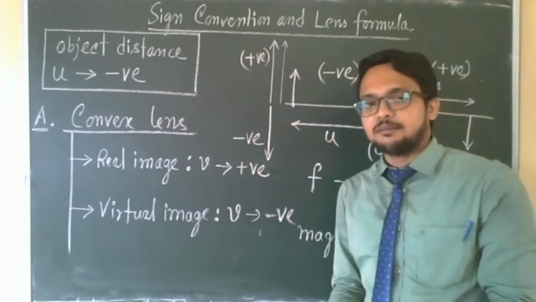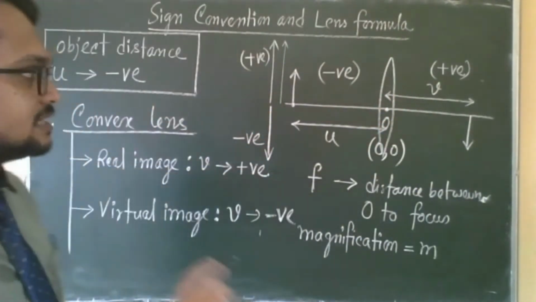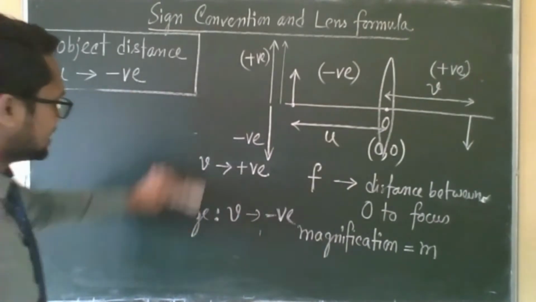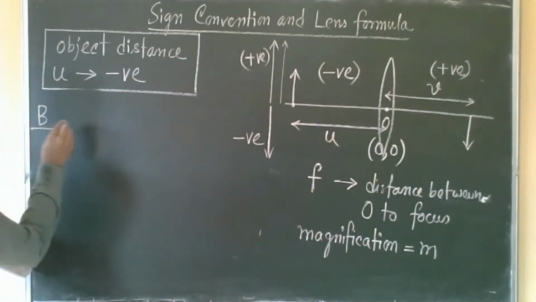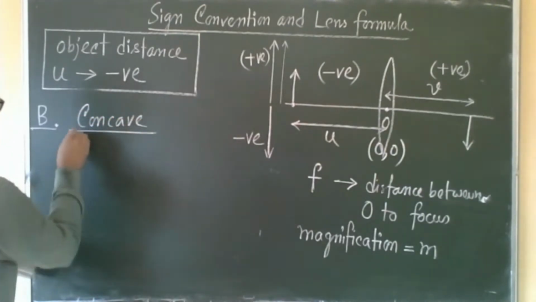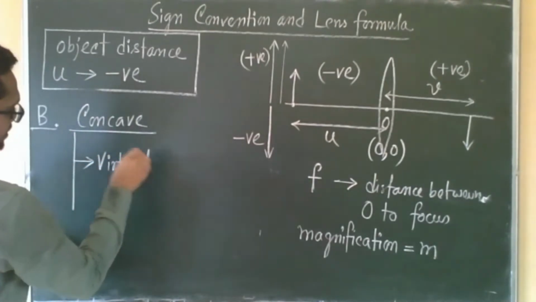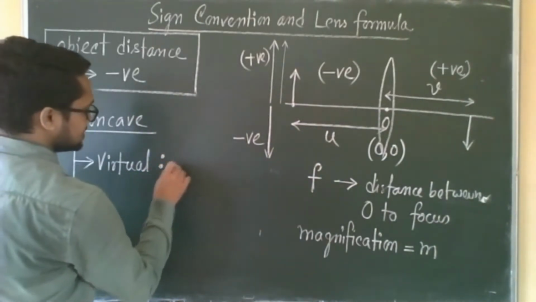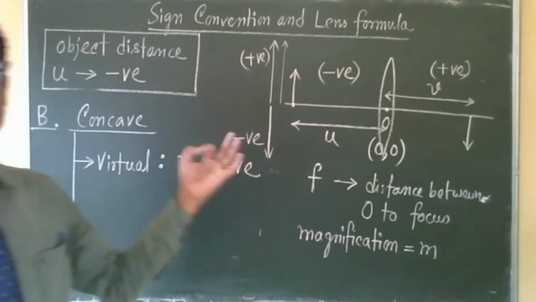And for a concave lens, the image is always virtual. Virtual image means the same side as the object, which means the left side. For a concave lens, we get only one case, that is a virtual image always. So wherever you get a virtual image, v will be negative.